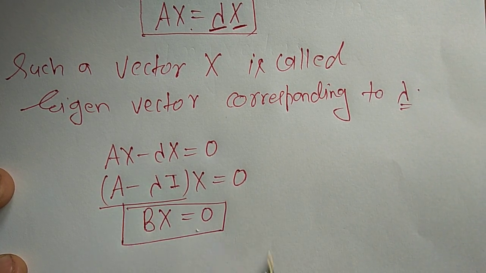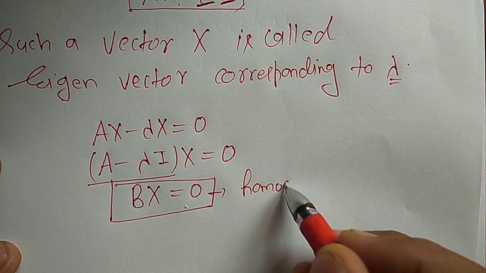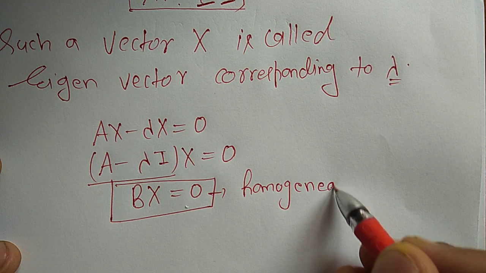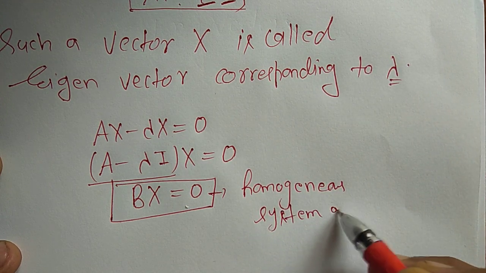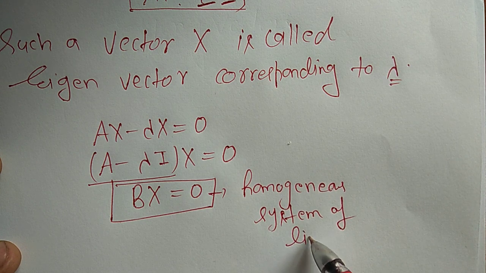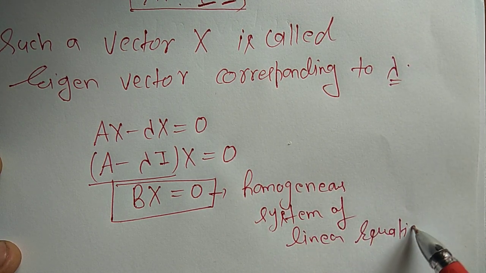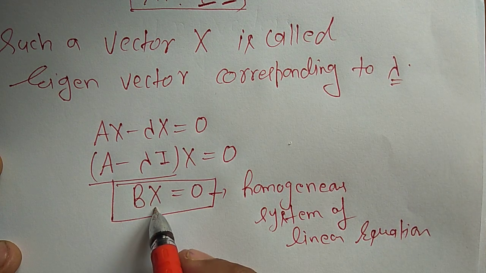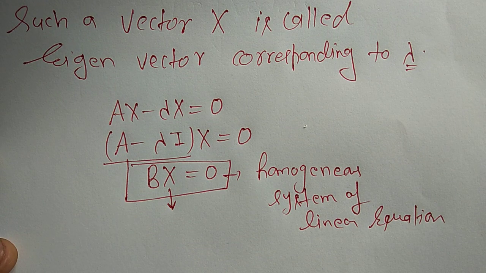Now this is your homogeneous system of linear equations, where x is the unknown. Here we need a non-zero solution of this system of equations.